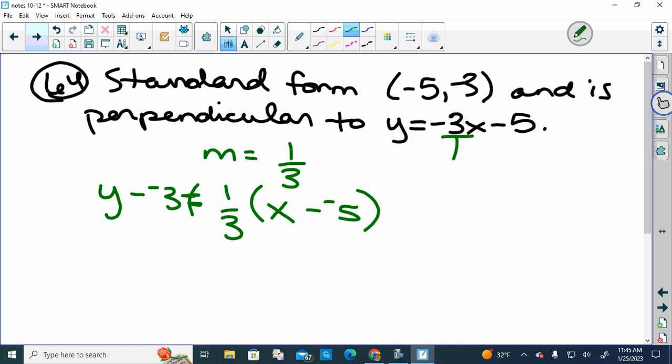Good? Okay, so you should have, previous to this class, learned how to not have to work with fractions. There's a shortcut so that we don't have to distribute 1/3. Okay, so this is your shortcut if you forgot. Okay, so what we do is whatever is on top gets distributed to the right side, and then whatever is on the bottom gets distributed to the left side. Okay.